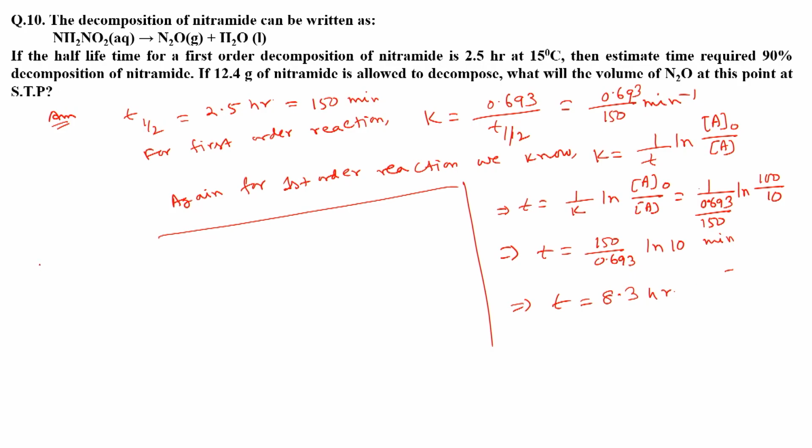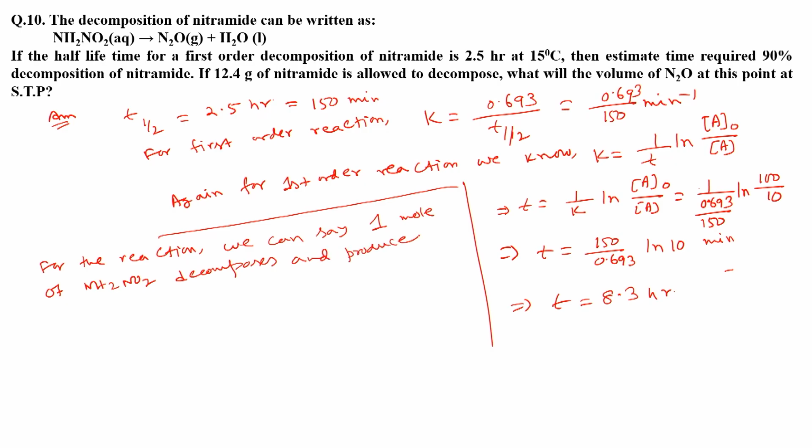So for the reaction, we can say 1 mole of NH2NO2 decomposes and produces one mole of N2O, right.